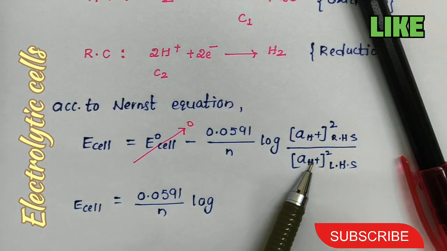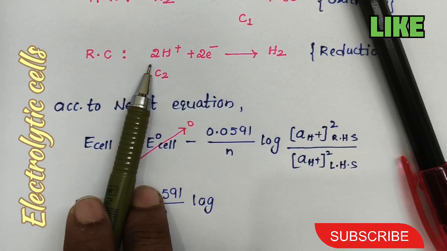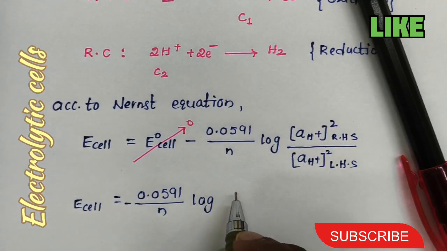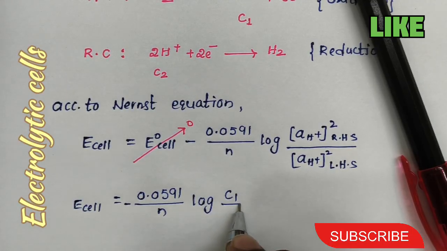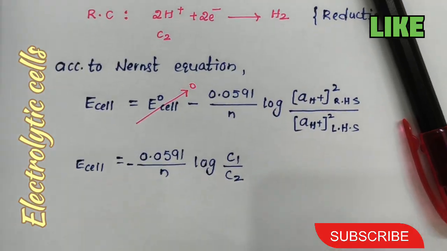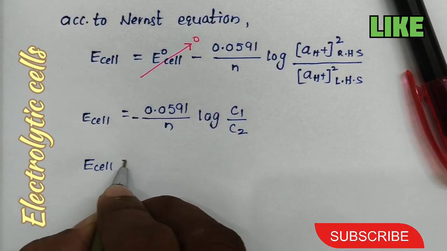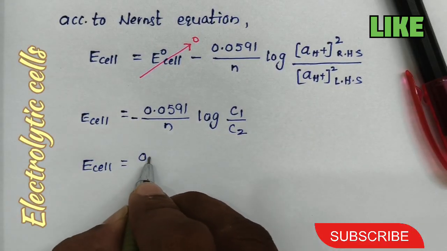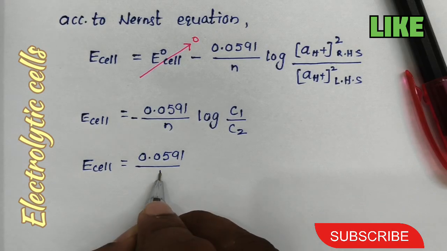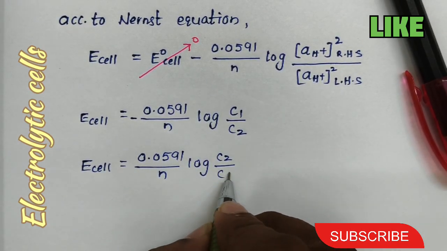The activity of H plus ion on the left side is C2. So here a negative sign is there, now I am taking the negative. So finally we can write C1 by C2. Then E cell is equal to finally positive 0.0591 by n only log of C2 by C1.